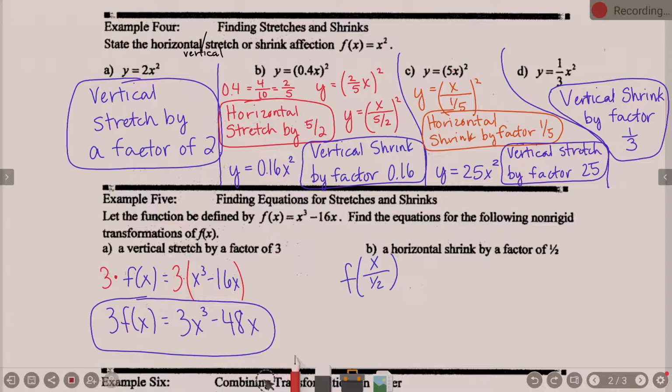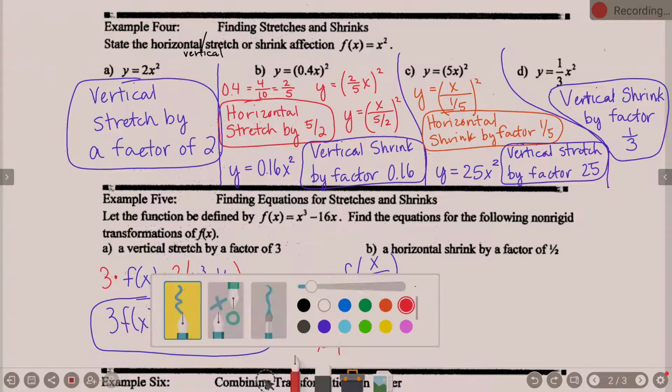So, what do you know about x divided by 1/2? It's the same as x times 2, because in order to divide fractions, we keep, change, flip. And so dividing by 1/2 is the same as multiplying by 2 over 1.